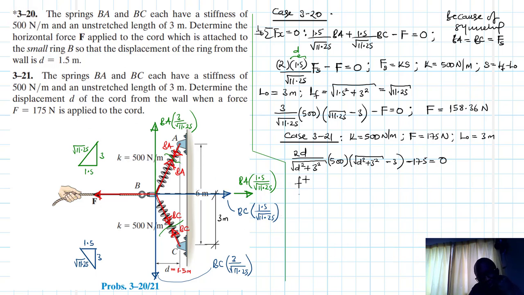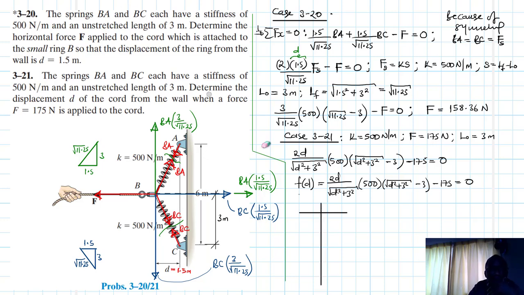So let's say this is a function of d, which is just equal to 2d divided by root of d squared plus 3 squared, times 500 times the root of d squared plus 3 squared minus 3, and then minus 175 equal to 0. Alright, so let's draw our table as usual.